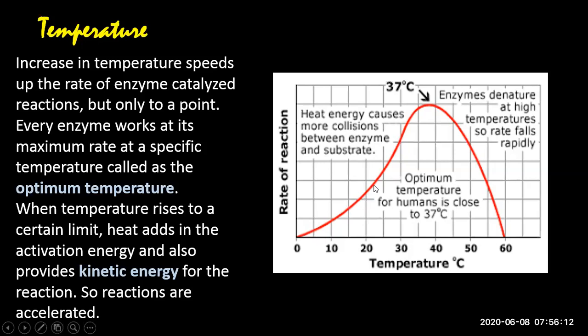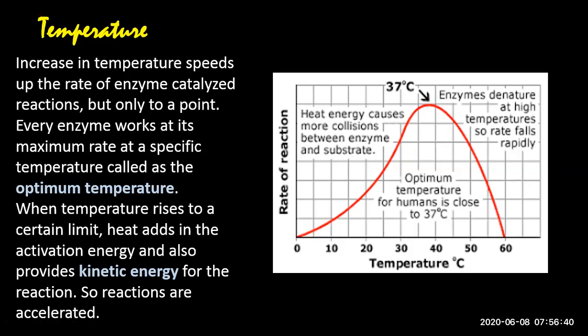Look at the arrow which I am pointing towards on this graph. The rate of reaction is increasing until a certain point where the rate of reaction becomes maximum. Here in this graph, it is 37 centigrade. I will tell you why. There is a certain temperature at which an enzyme catalyzed reaction will show maximum rate.